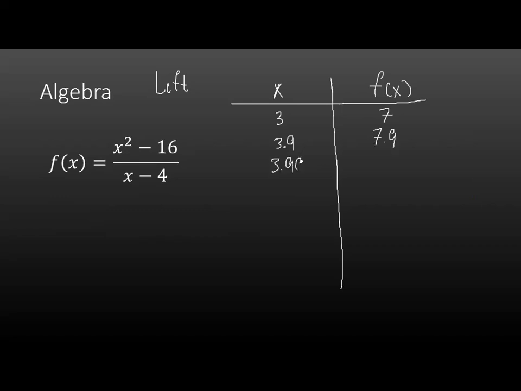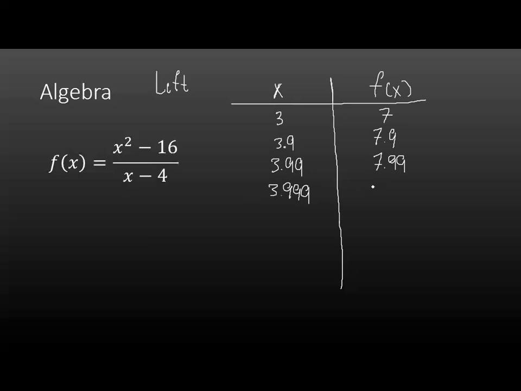Now let's make it even closer. Let's just say 3.99. So you will have 7.99. Now let's make it even closer to 4. So 3.999.